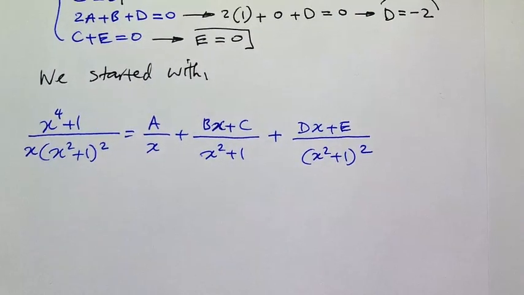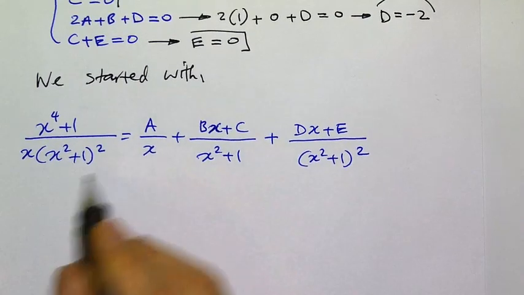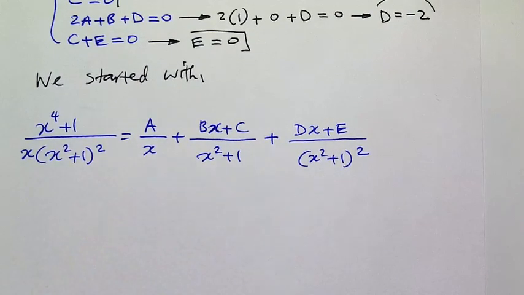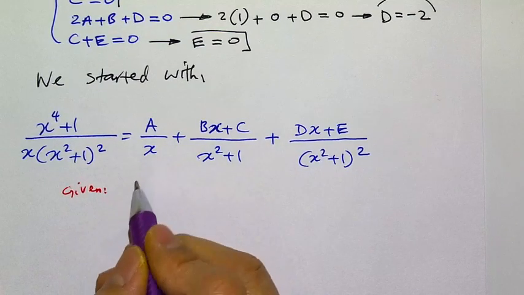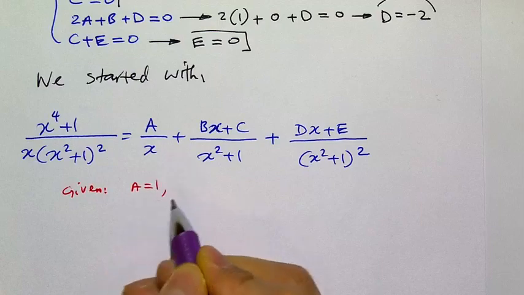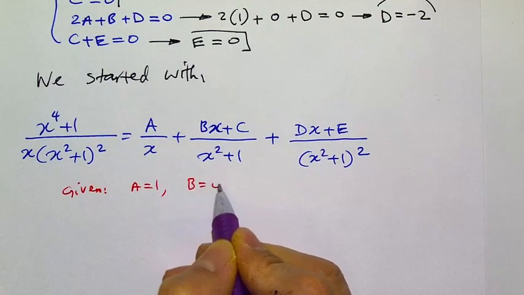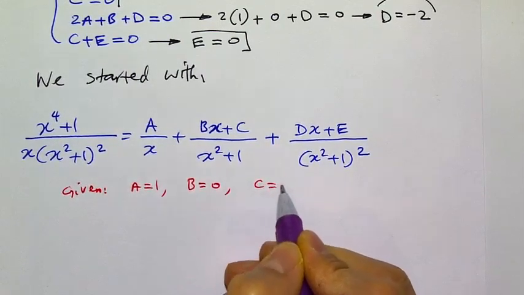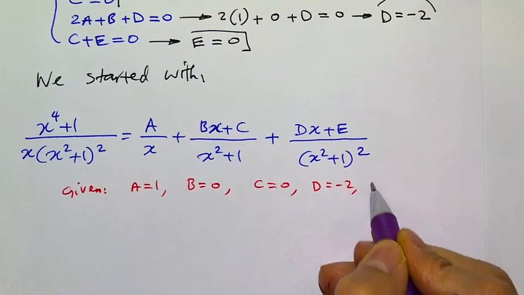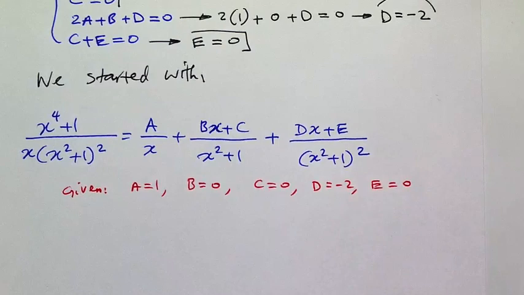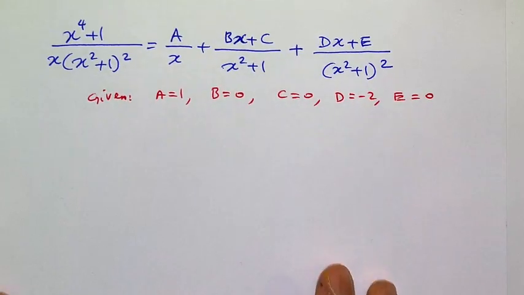Now, let me write those here, because it's off the screen now. Given that a equals 1, b equals 0, c equals 0, d equals negative 2, and e is equal to 0, we can certainly write down the partial fractions, right?